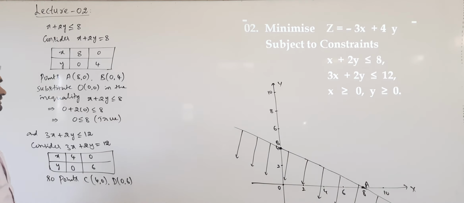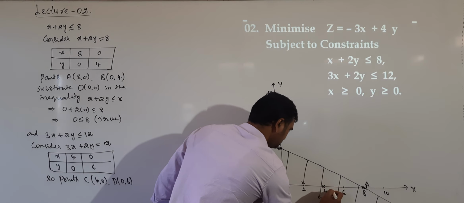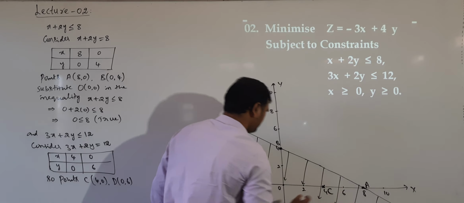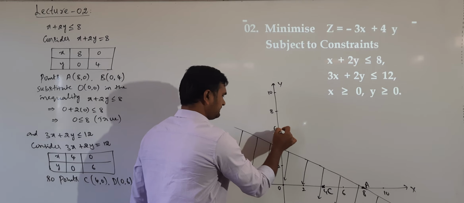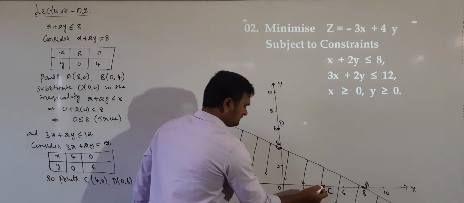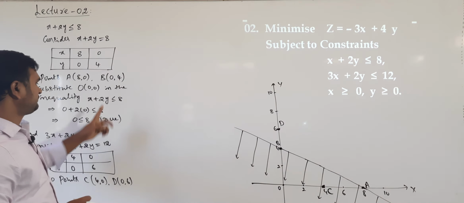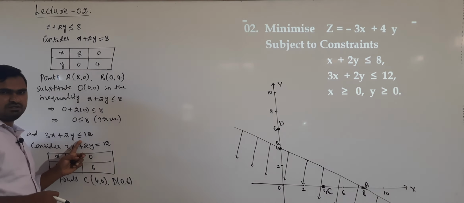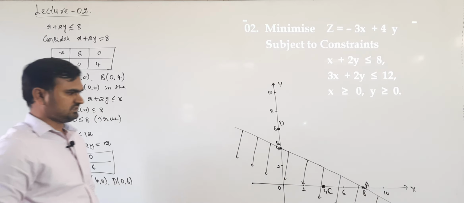Okay. Now let us identify these points. 4, 0, this is the point C, and 0, 6, this is the point D. Now again, joining these 2 points, we have to draw a line. Again, which type of line we have to draw? Including, okay, less than or equal to 12. Including line means it is a dark line.